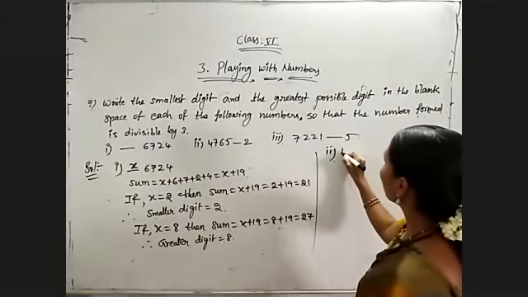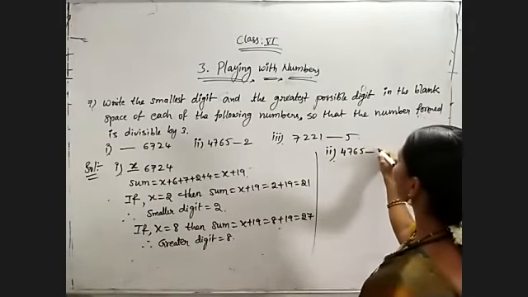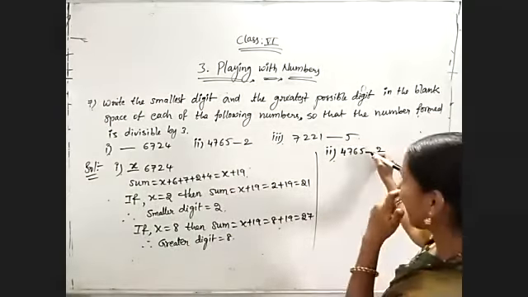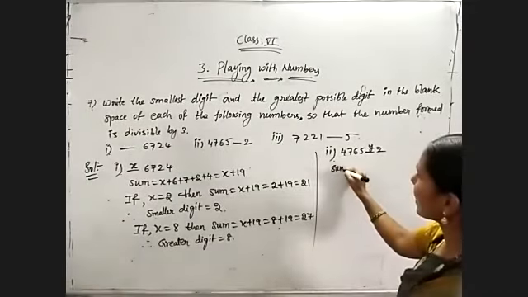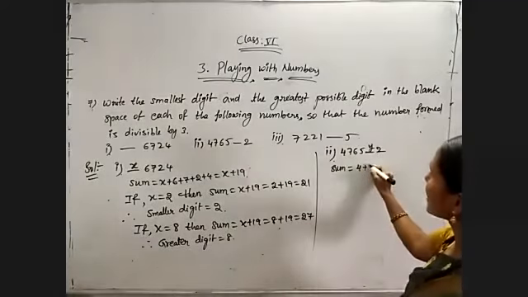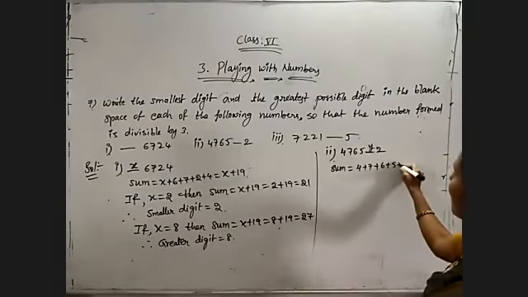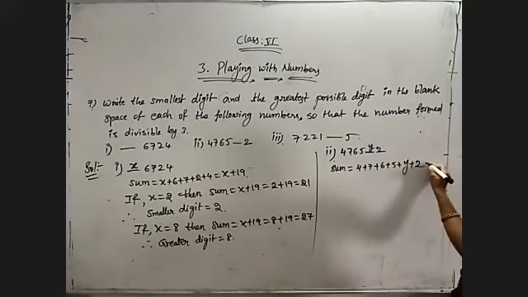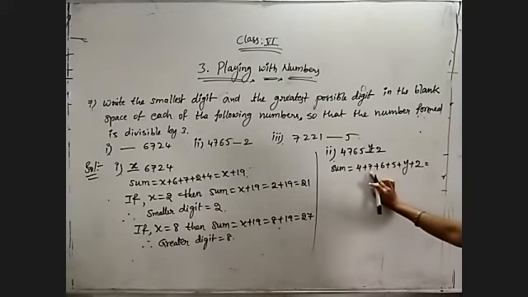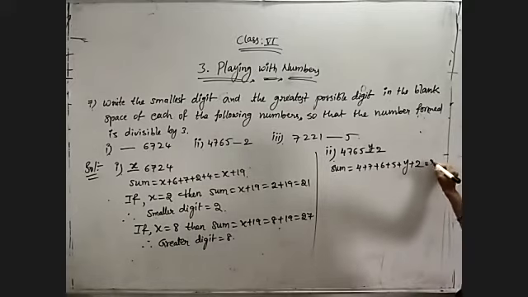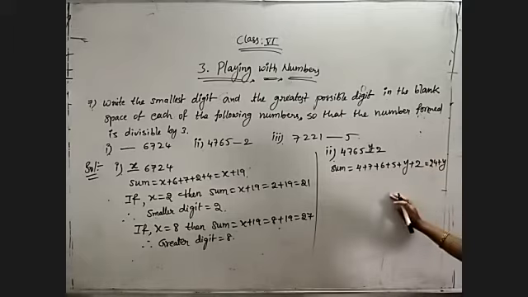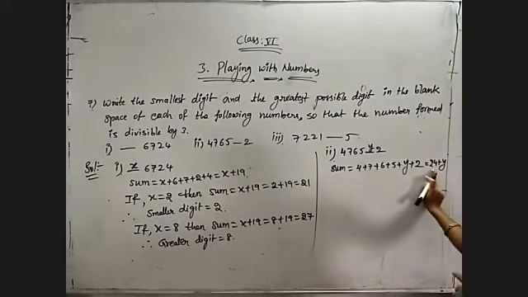Second question, 4, 7, 6, 5 dash 2. In the blank space, I am taking a variable y. So the sum of the given digits is equal to 4 plus 7 plus 6 plus 5 plus y plus 2. 4 plus 7 is 11, 11 plus 6 is 17, 17 plus 5 is 22, 22 plus 2 is 24. So 24 plus y. For the smaller digit, we need to check from 0 onwards. 24 is in the 3 table.